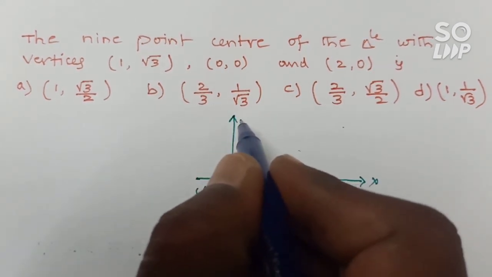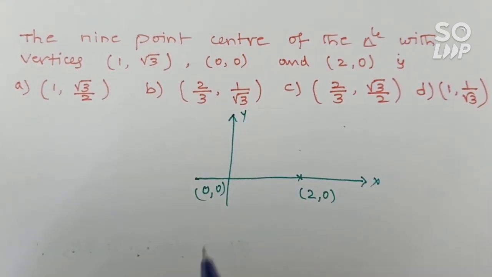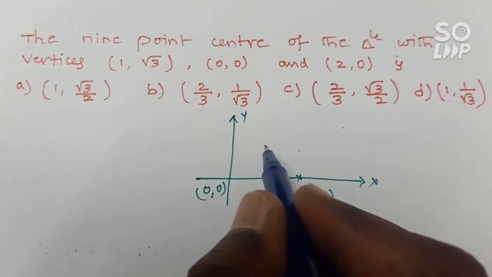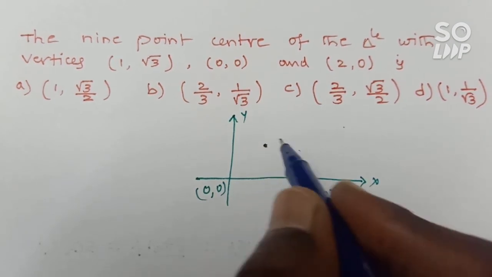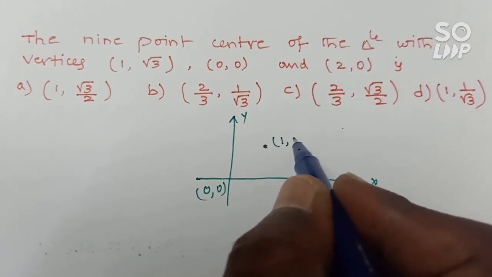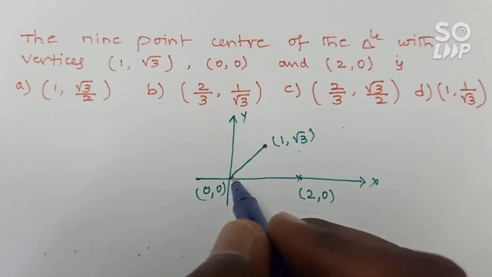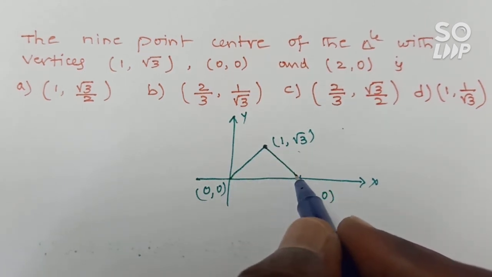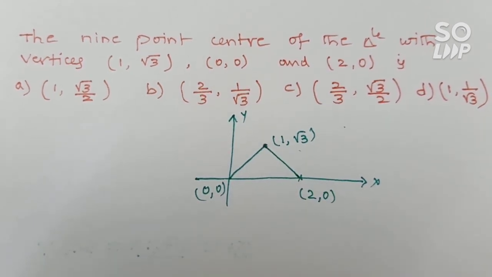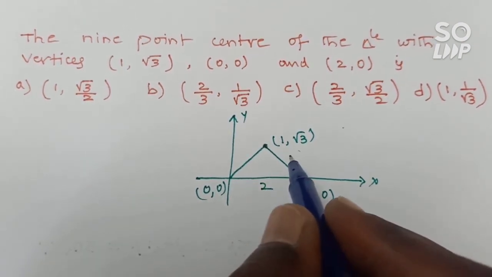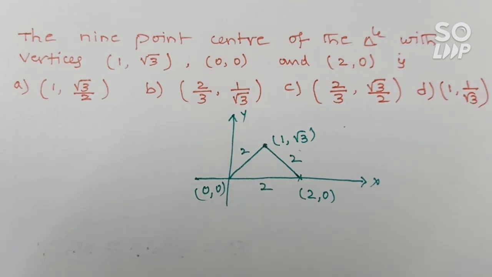And this is the y-axis. Now (1, root 3) lies here. By joining these points, you will get an equilateral triangle. This length is 2, this length is 2, and this length is 2.